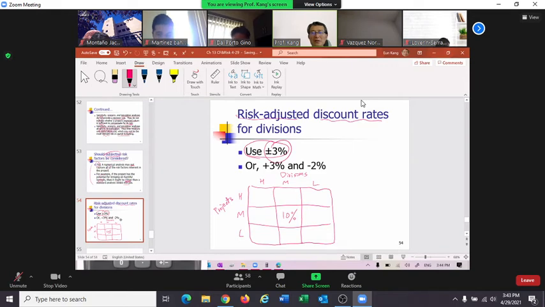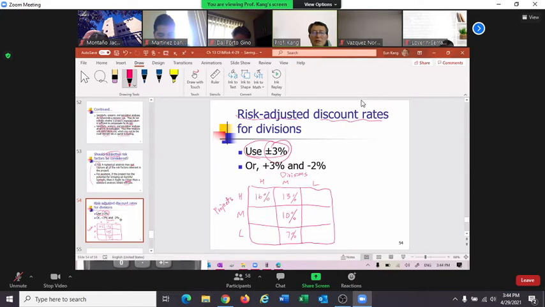If it is a medium risk division and a higher risk project, you assign 3% more. For a low risk project, subtract 3%, like 7%. And for high risk projects in a high risk division, you add 3, so 16%.